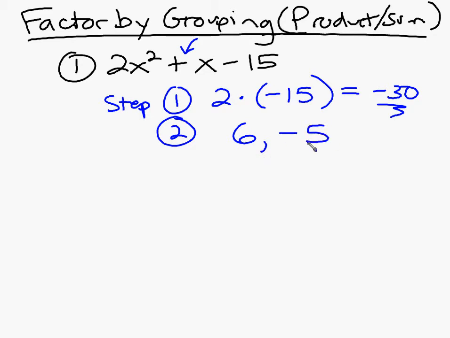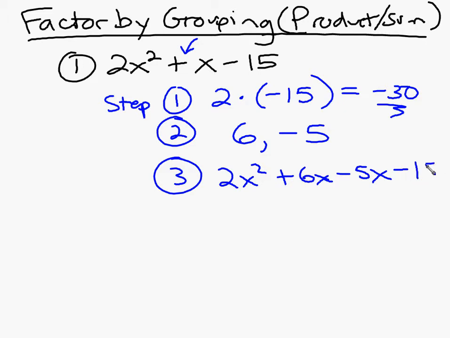Now what those two numbers are, those are my two middle terms. So now step 3 is to rewrite this polynomial as 2x squared plus 6x minus 5x minus 15. Okay, I keep the a and the c terms and I rewrite the middle. Now we do what's called factoring by grouping.